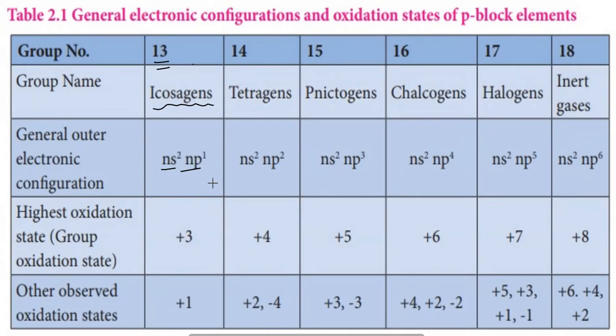I have discussed this before. Boron will have 2s2 2p1, aluminium will have 3s2 3p1, gallium will have 4s2 4p1, and after gallium, indium will have 5s2 5p1. So the general electronic configuration for the icosagens is ns2 np1.